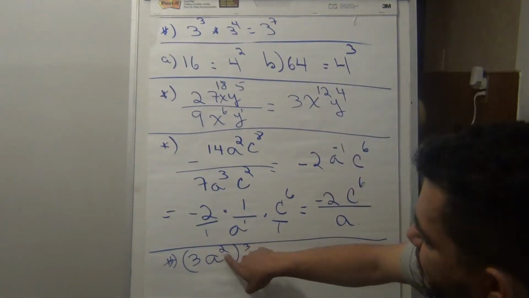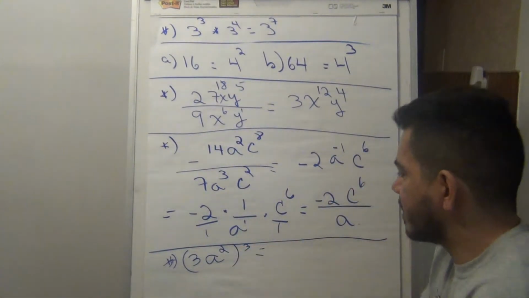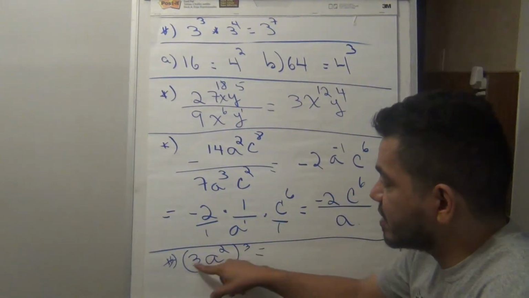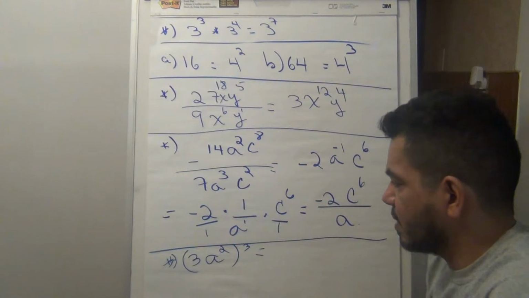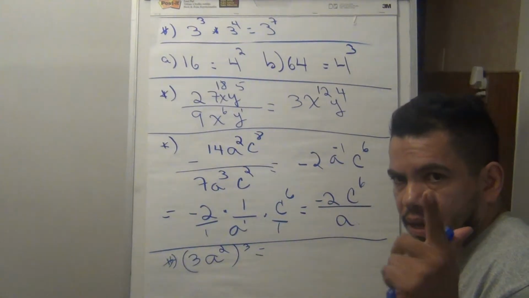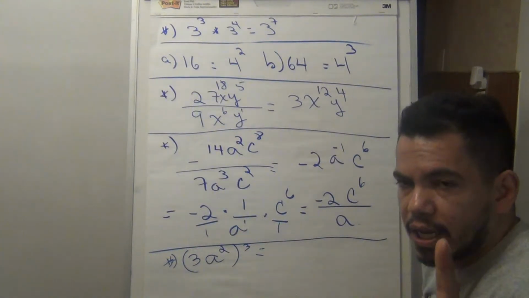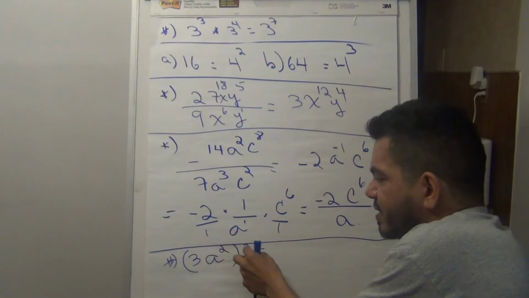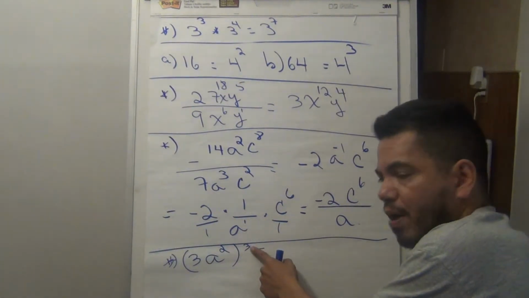I know it looks weird. Now I'm raising an exponent to another exponent. By the way, this means do whatever is inside the parentheses 3 times. I'm only going to show you one time, and hopefully you understand. Whatever is inside the parentheses gets raised to the third power.